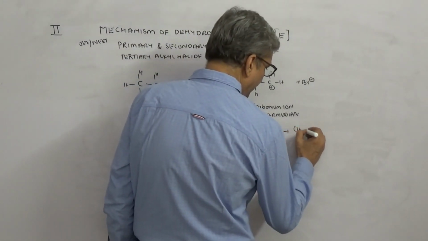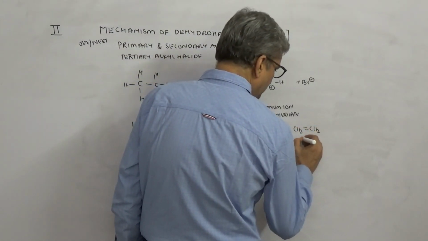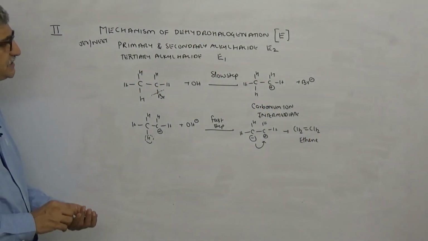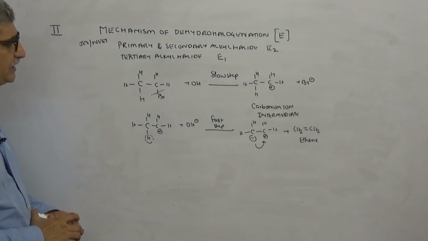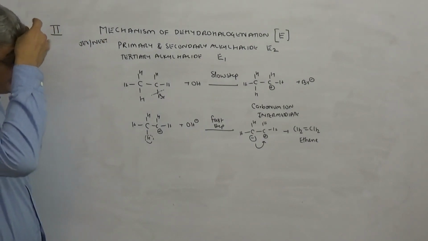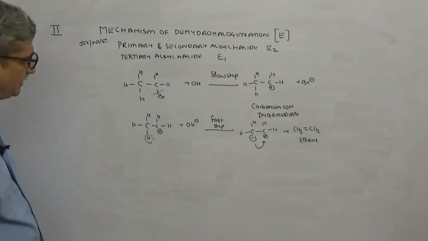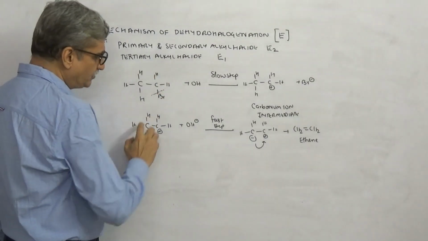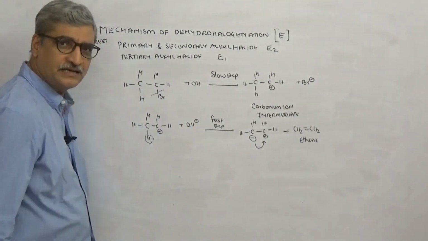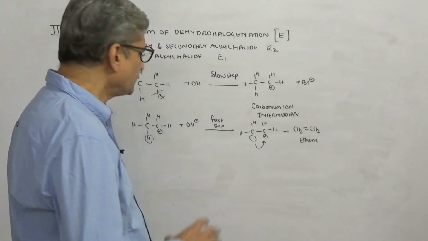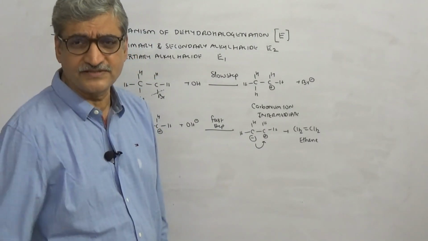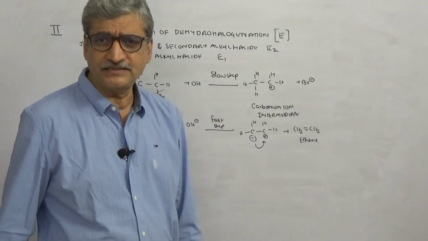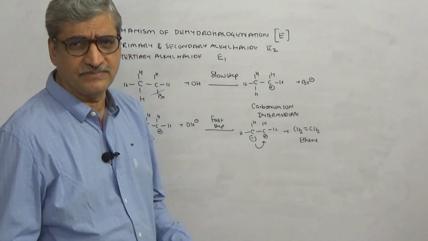So we get CH2=CH2, that is ethene. So this is the mechanism of dehydrohalogenation. Remember these two: if it is primary or secondary alkyl, it is E2, where the rate depends on both concentrations. When it is E1, it depends only on the concentration of the alkyl halide. When you do the chemical kinetics chapter in physical chemistry, you will understand this better. At the moment, just understand that in E1 the carbonium ion is the stable intermediate.